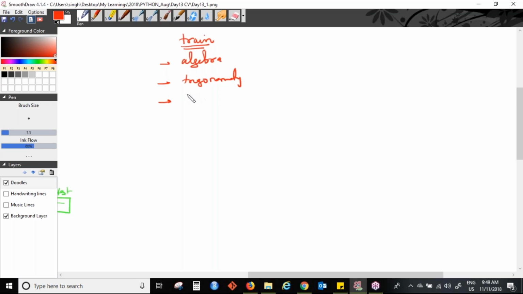Then let's say calculus. Derivatives come under calculus itself.